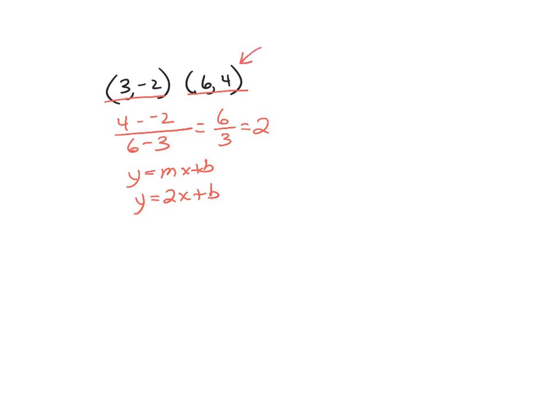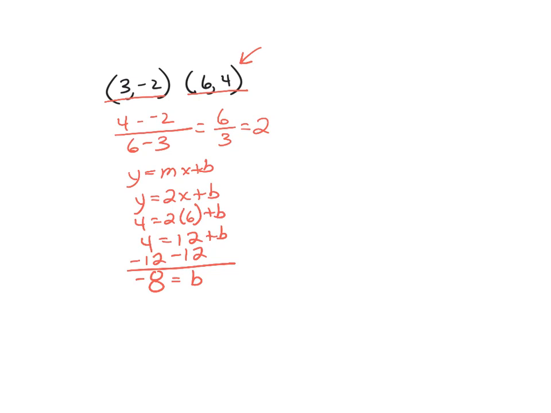It will work for either one. So y is equal to 4, x is equal to 6. I'm going to substitute those in for x and y and solve for b. So I get 4 equals 12 plus b. I'm going to subtract 12 from both sides. So I get negative 8 is equal to b.